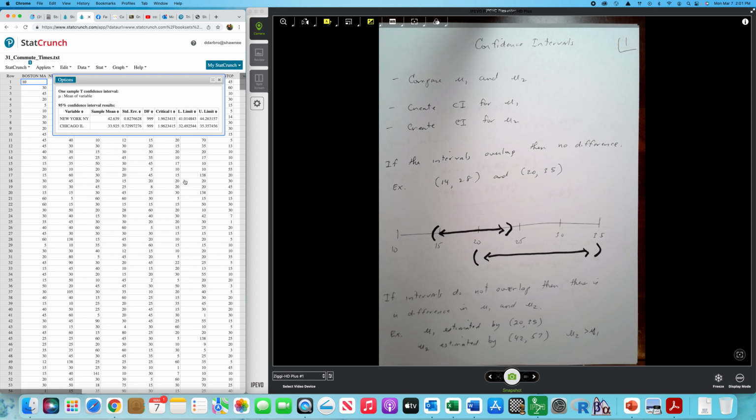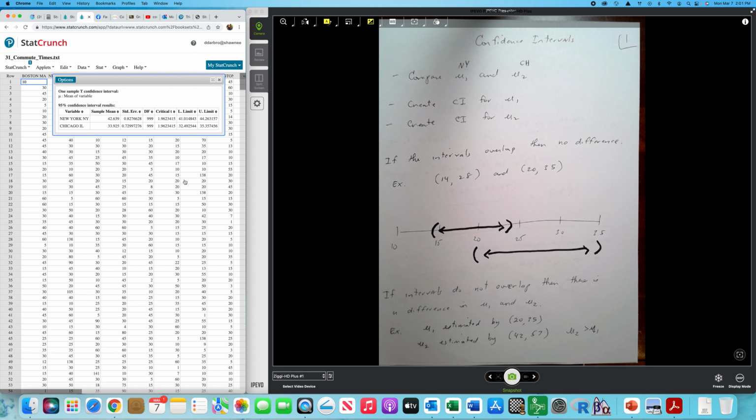Now, what I've given you over here, we'll bounce over to where I'm pointing now. So to compare mu1 and mu2, which I'm doing here, mu1 we'll just say is New York, and we'll say that Chicago is mu2. So I create a confidence interval for both. If the intervals overlap, then there's no difference. So when intervals overlap, it means something like this.